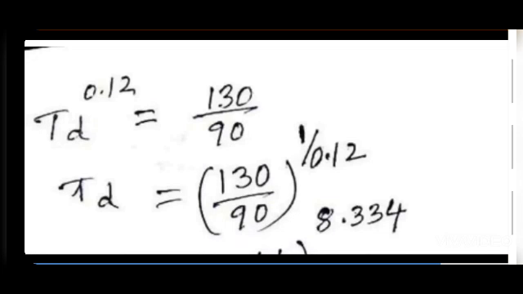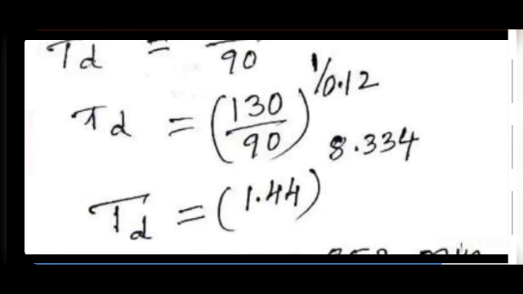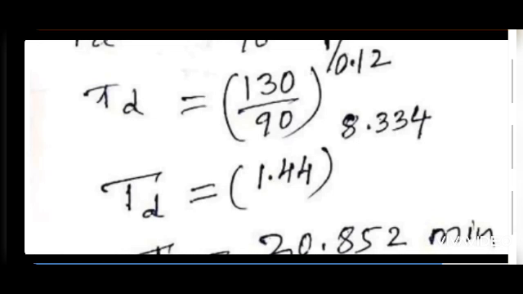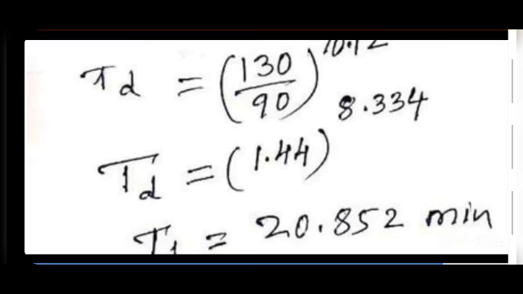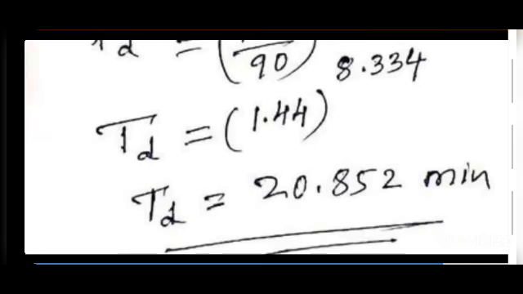TD is equal to (130 divided by 90) to the power of 1 divided by 0.12. 1 divided by 0.12 is nothing but 8.334. 130 divided by 90 is nothing but 1.44. 1.44 to the power of 8.334, we will get TD is equal to 20.842 minutes.